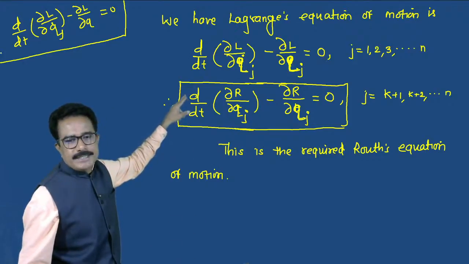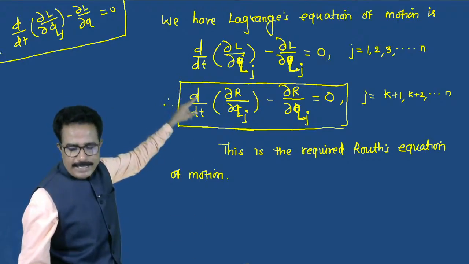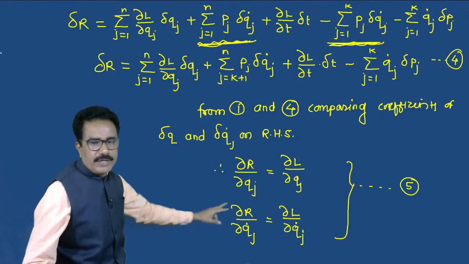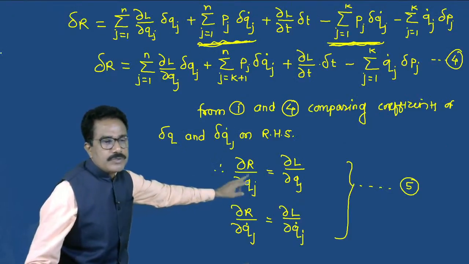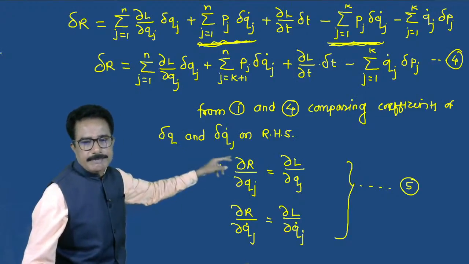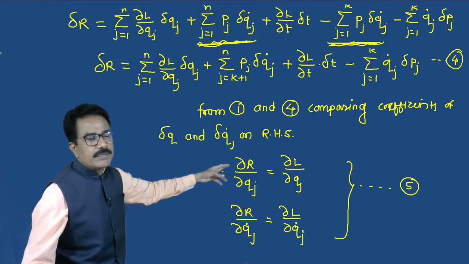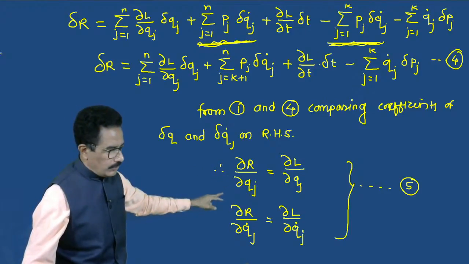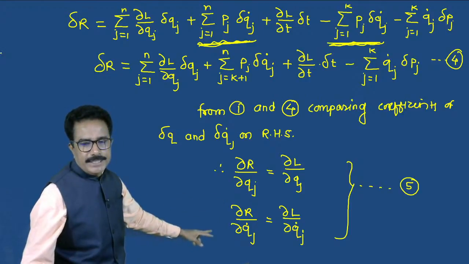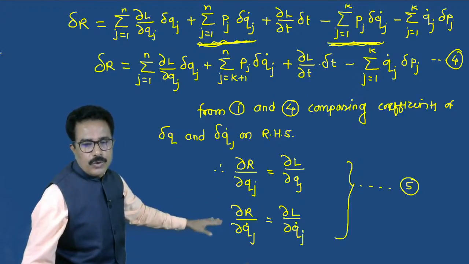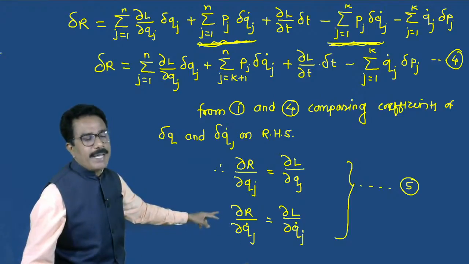Now replacing this Lagrange's notation in the form of a Routh equation. So ∂L/∂Qj is equal to ∂R̄/∂Qj, which can be written as ∂L/∂Qj dot is equal to ∂R/∂Qj dot.